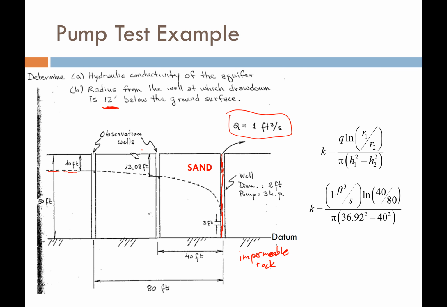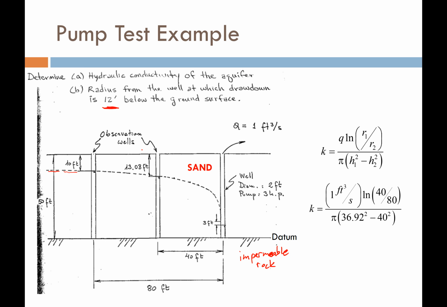So the first question I need to ask, of course, is this a confined aquifer or an unconfined aquifer? Now remember, a confined aquifer exists only if the water is restricted to coming into my pumping well because I have some capping clay layer or something that's preventing the water from coming into the well however it would like.